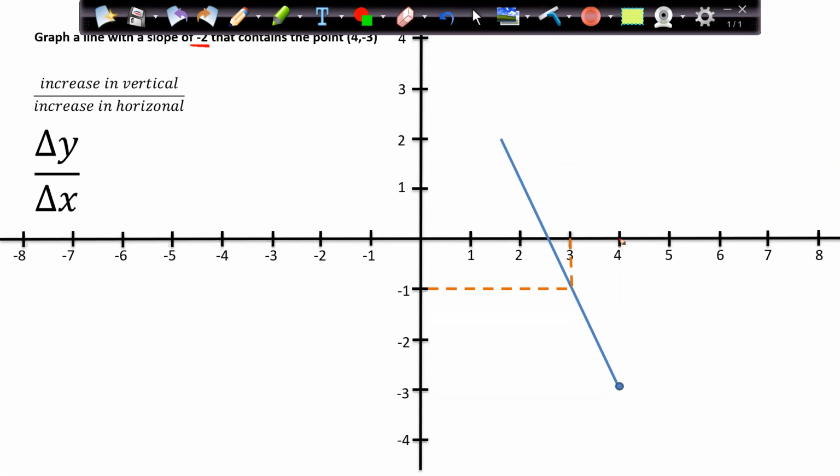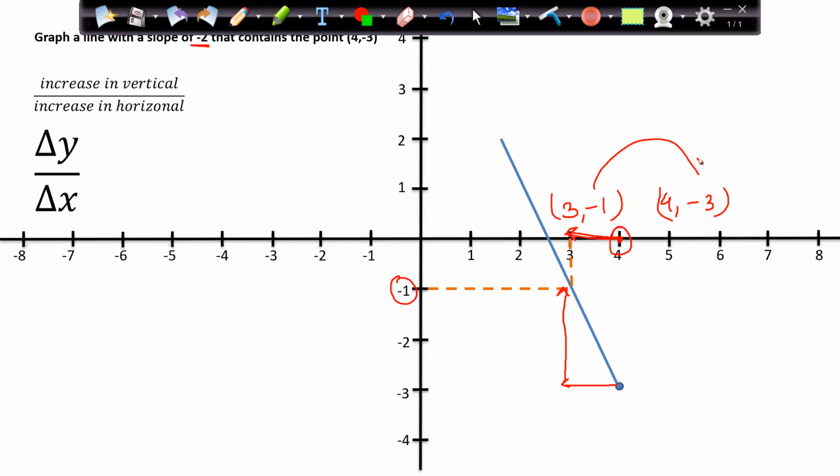So you can see here that when a 1 unit change is happening in x, there is a change of 2 units happening in y. That means when my x value was 3, my y value was -1, but when my x value was 4, my y value is -3.